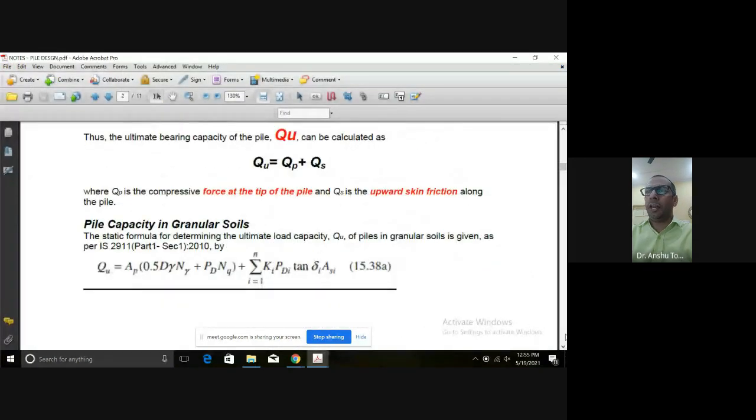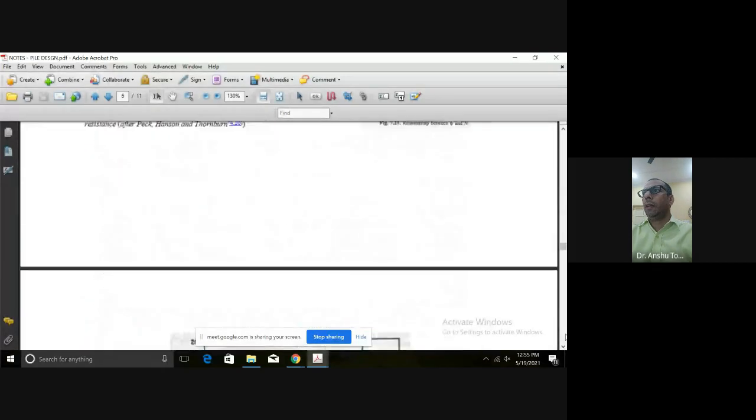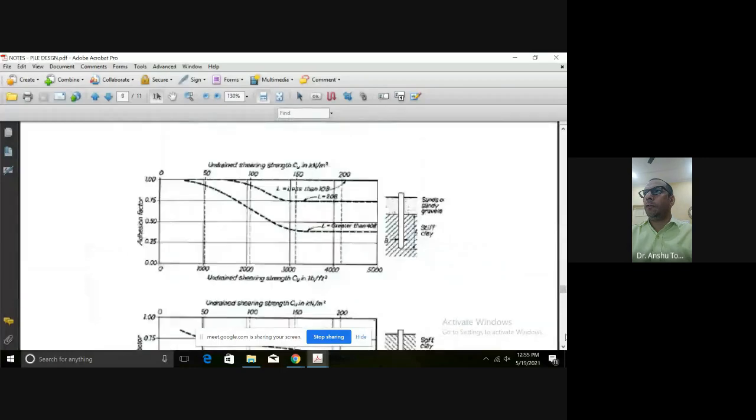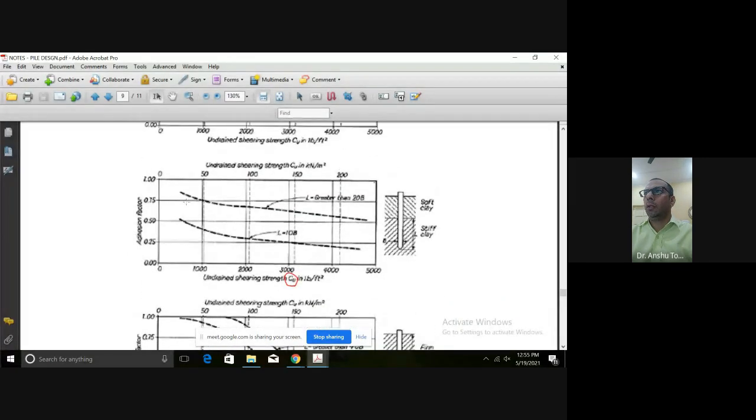This document I have shared with you this morning, where we have these values of alpha, Cu corresponding to the depth, that is the length of the pile, and with the variation in which medium it is going to go.